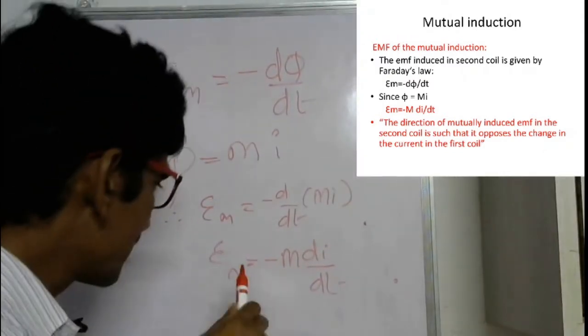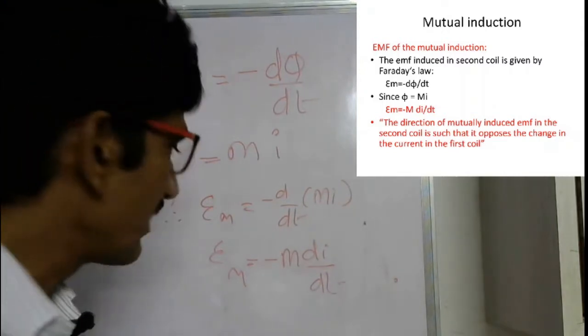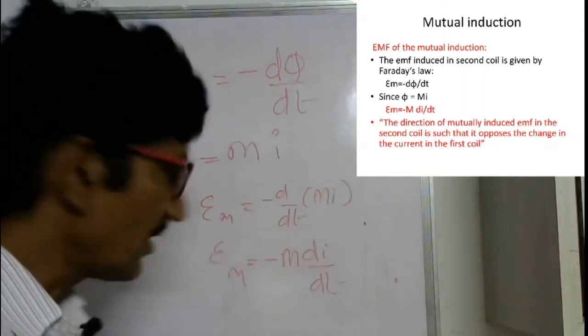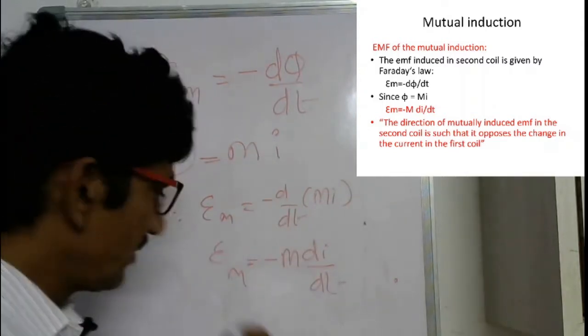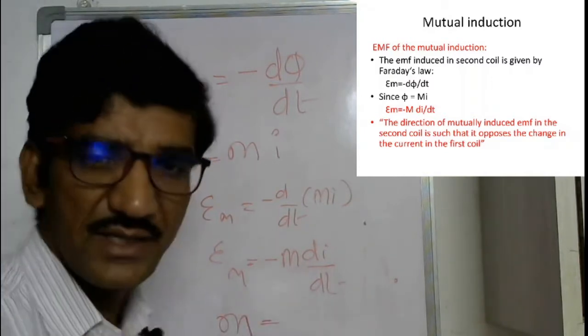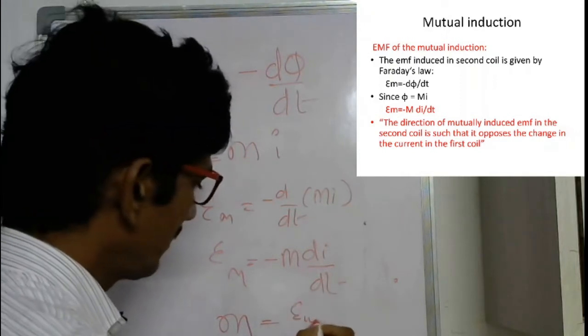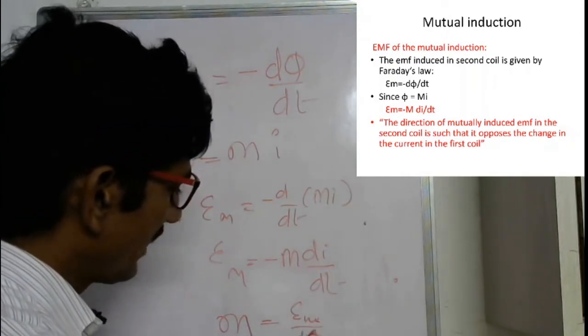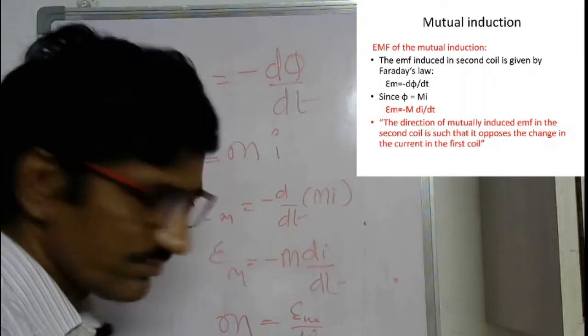Here by using this equation also we may define M. Why? Because M is equal to EMF by dI by dt.